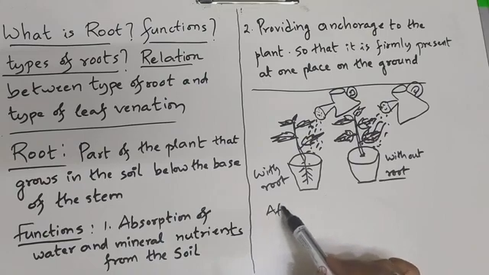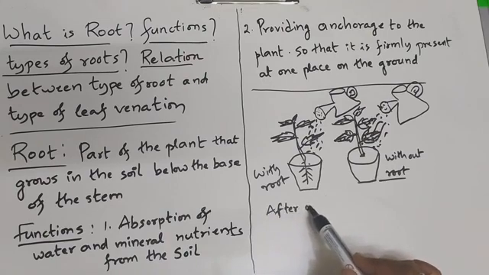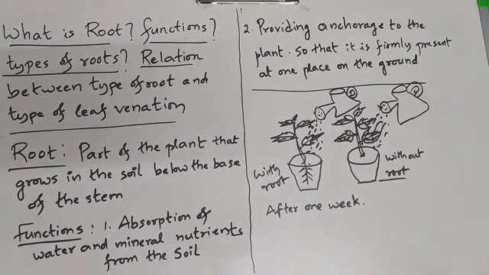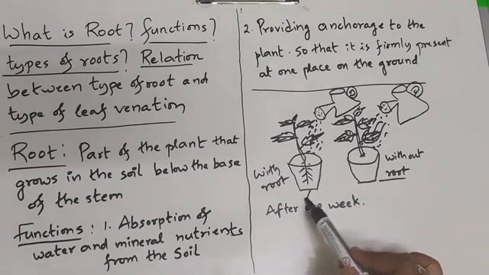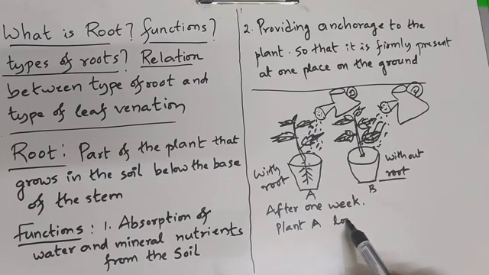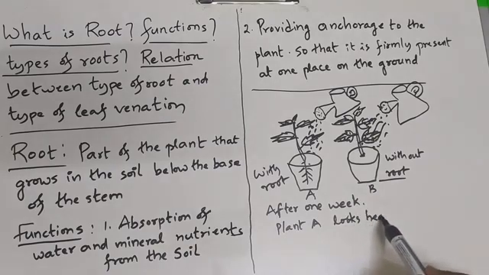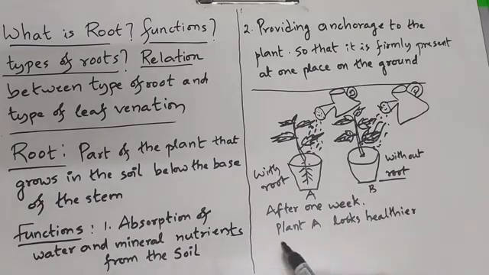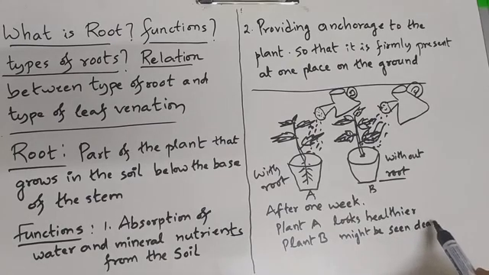After 1 week, if we observe, mark these plants as plant A, plant B. Plant A looks healthy, whereas plant B might be seen dead also.